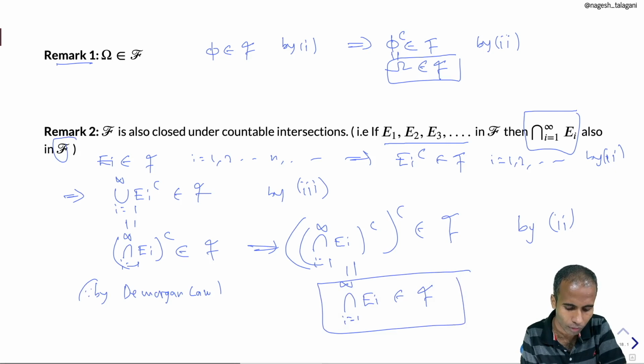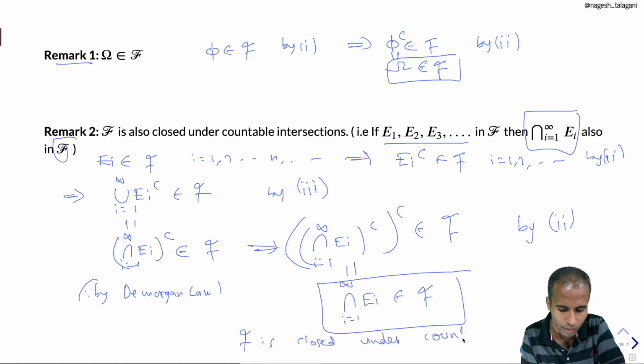Okay, that's why the sigma field is also closed under countable intersection. Though we didn't demand it in the definition, it actually follows from conditions 1 to 3.